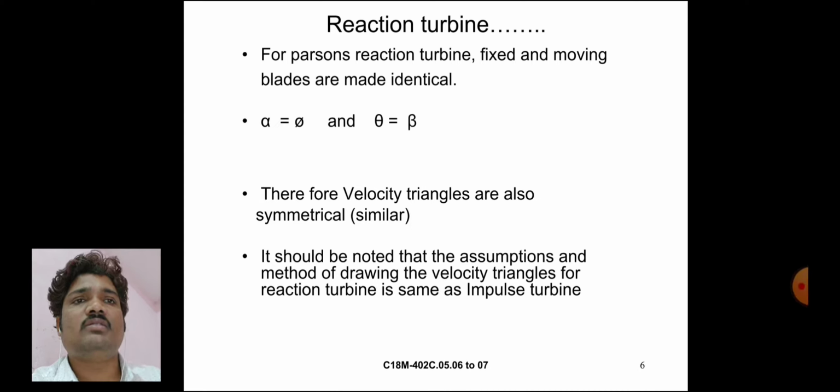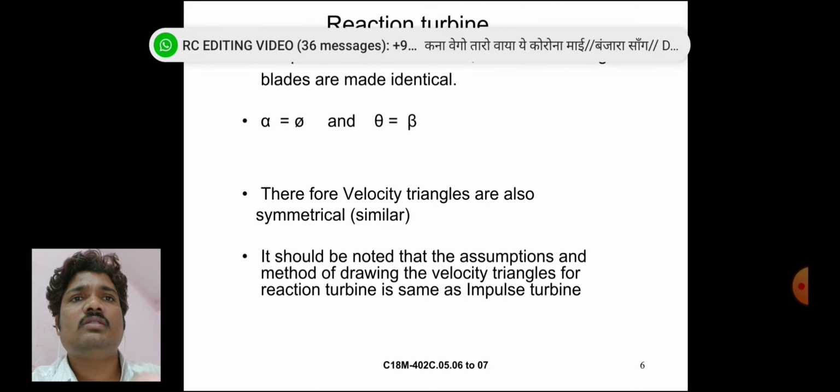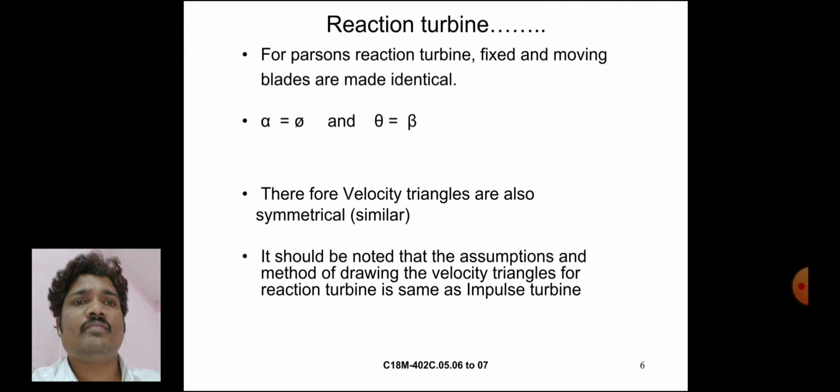Alpha is equal to phi and theta is equal to beta. Therefore, the velocity triangles are also symmetrical. It should be noted that the assumptions and method of drawing the velocity triangle for a reaction turbine are the same as for an impulse turbine.